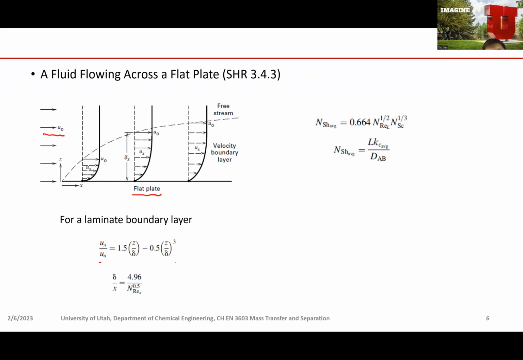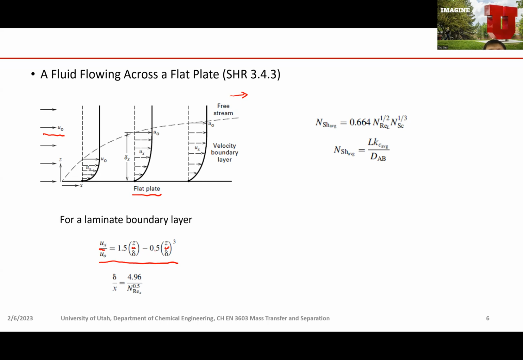With this equation, the x direction velocity is dependent on the z coordinate, which is basically the distance from the flat plate. Okay, then we can define delta over x.